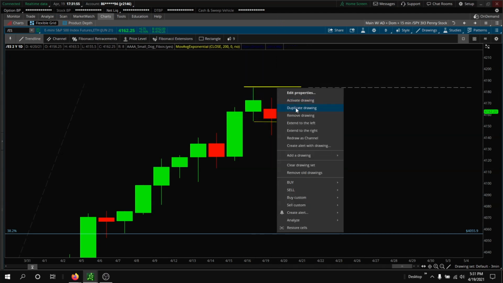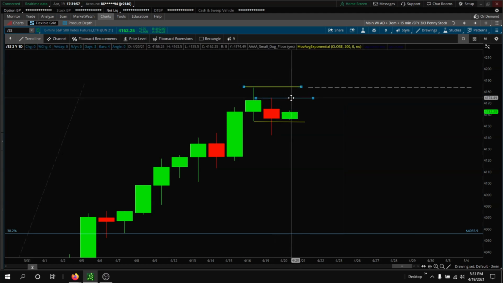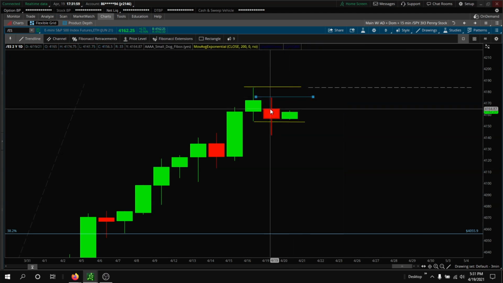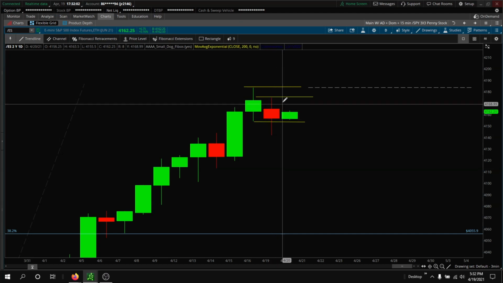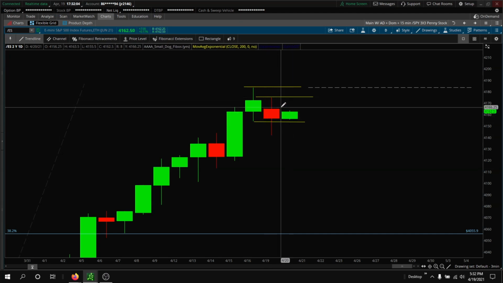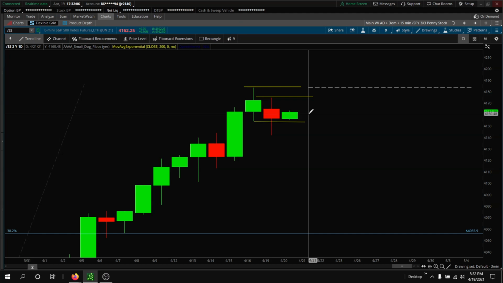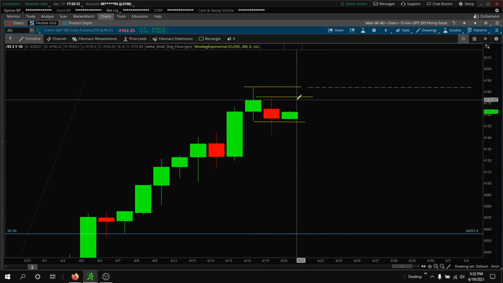Well, now I'm going to move my stop just above this. So now I've reduced my risk on the whole trade, and I could hopefully ride this trade lower and see what happens with it. So that's what's going on.